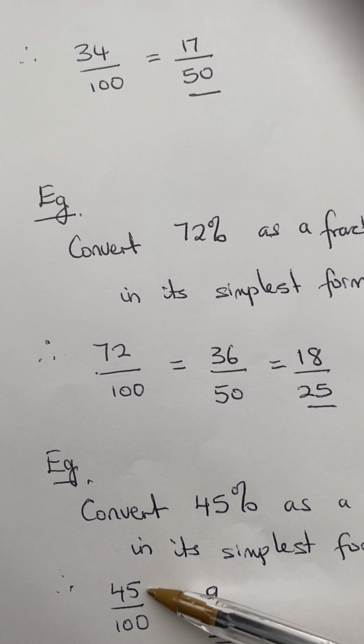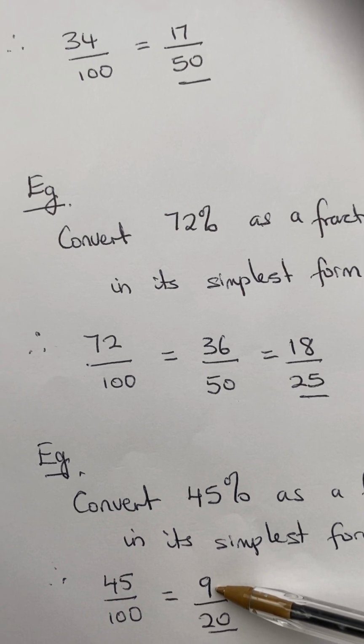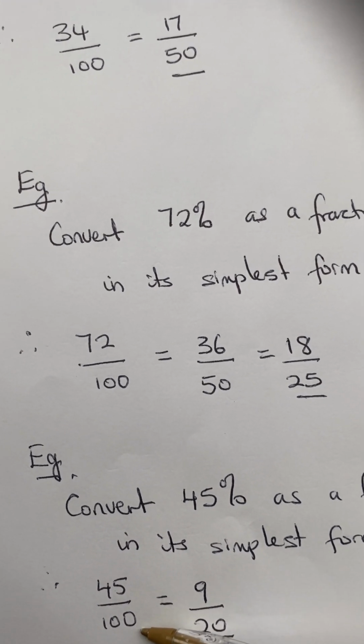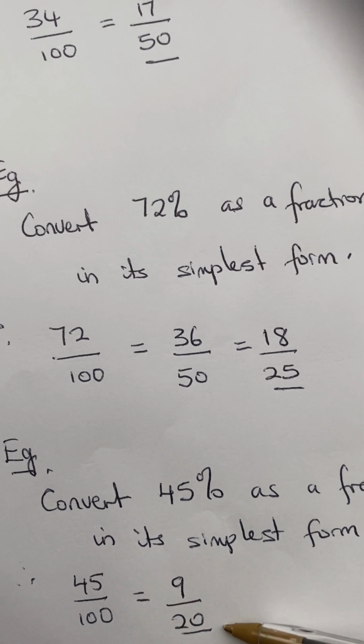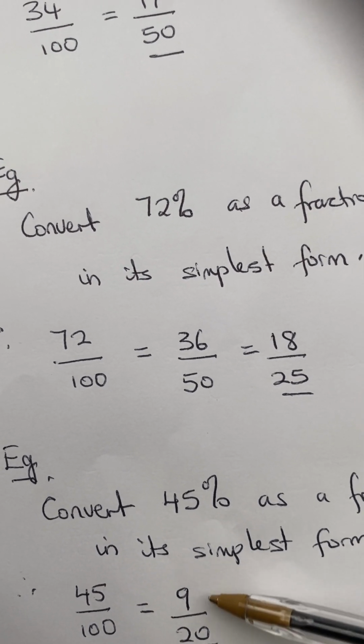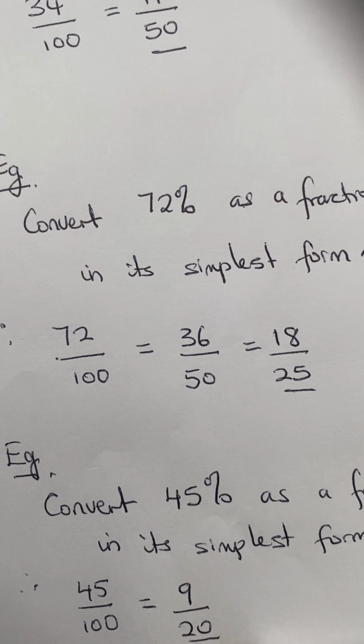So how many 5s do we have in 45? 9. How many 5s do we have in 100? 20. There are no common factors for 9 and 20.